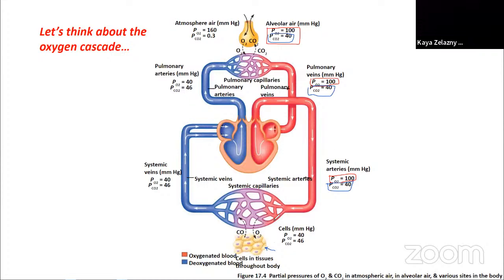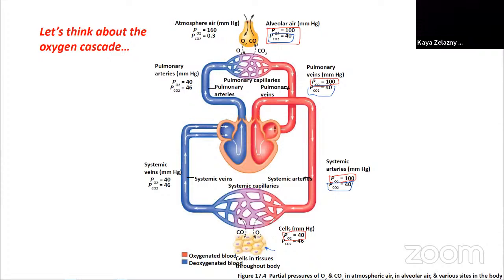So it is exactly replacing the amount of carbon dioxide and oxygen that we were exchanging in the lungs. So as we see here in the tissue, we see a drop in oxygen, because that oxygen is getting soaked up into tissue.